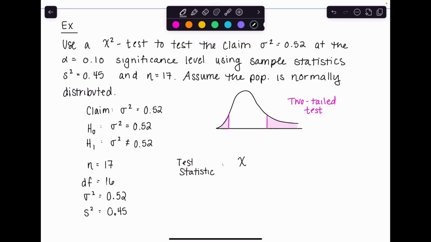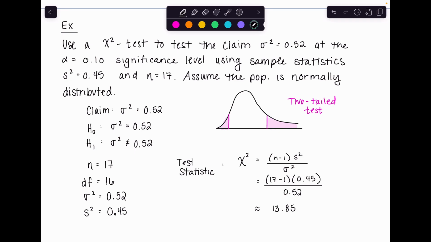So here for chi-squared, it's n minus 1 times the sample variance over the population variance. So that's 17 minus 1, S squared, which is 0.45, and then sigma squared, which is 0.52. So trusting that you can plug this into your calculator, this should give you about 13.85.